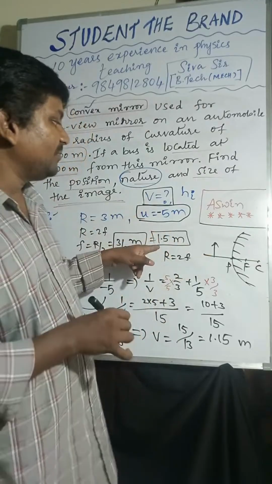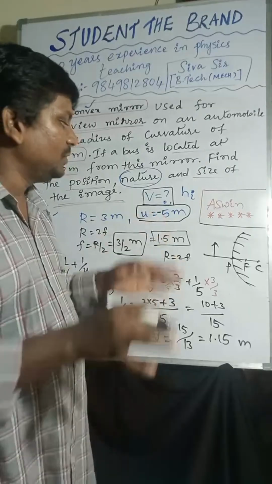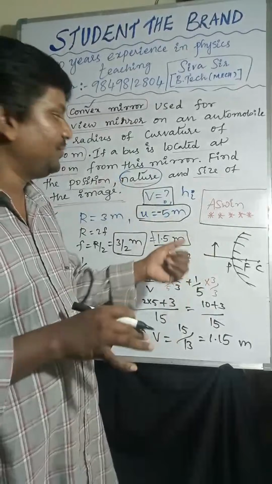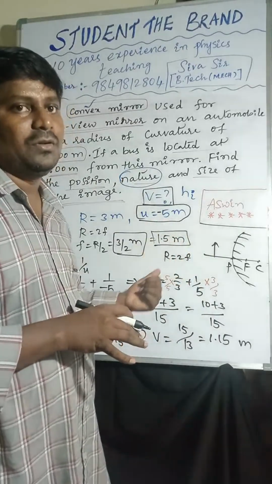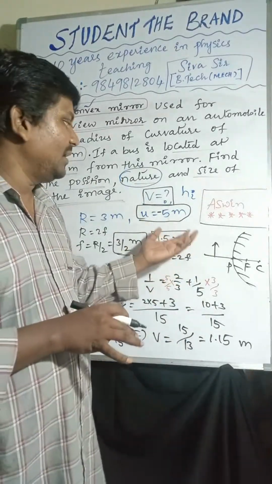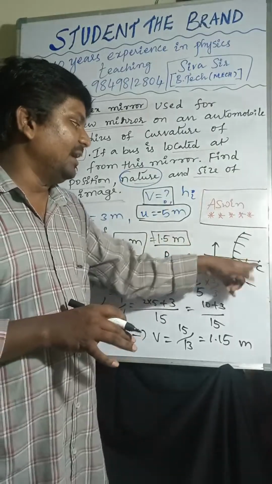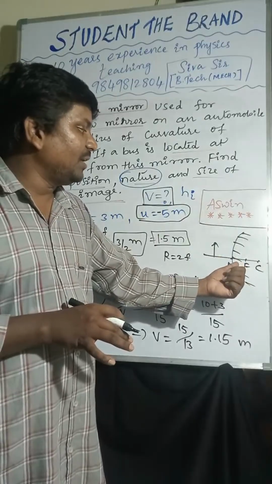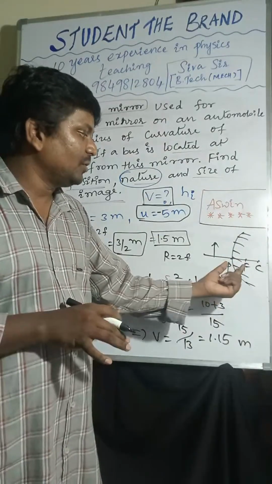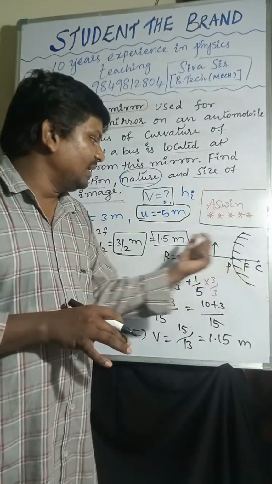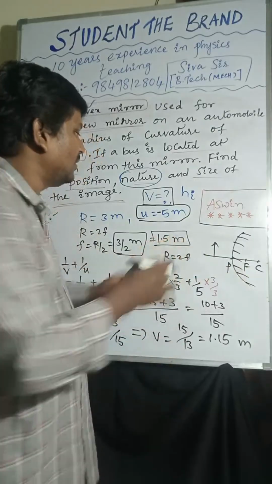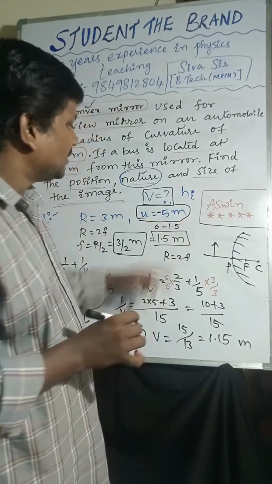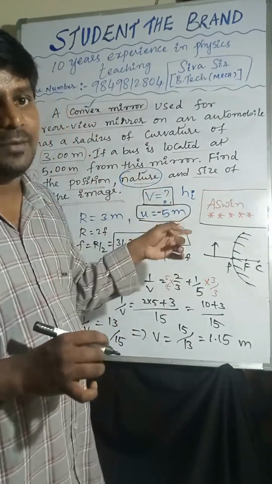By seeing this value, you should conclude that the image must form within this value, between P and F, in front of the mirror. In this range only the image should form, that is, 0 to 1.5. That is the second point.